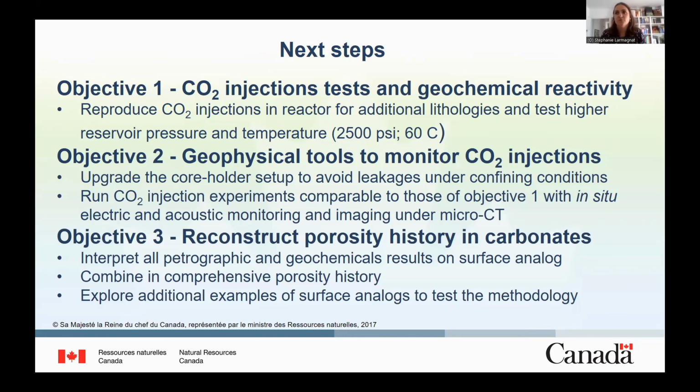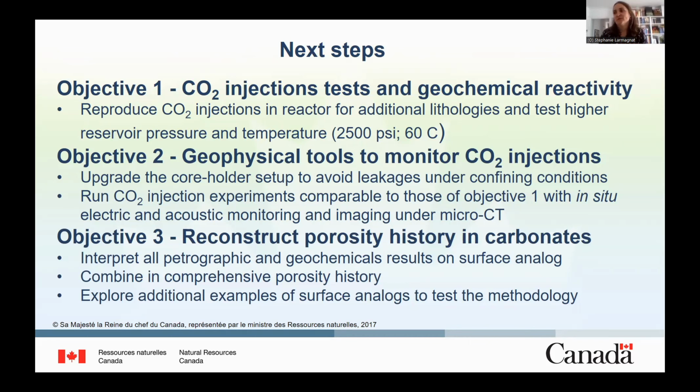We already have the samples, and we also intend to try to mimic a deeper reservoir condition using a pressure of 2,500 psi and a temperature of 60 degrees. For the geophysical monitoring of CO2 injection, as I said, we need to upgrade the core holder to make sure it works airtight.